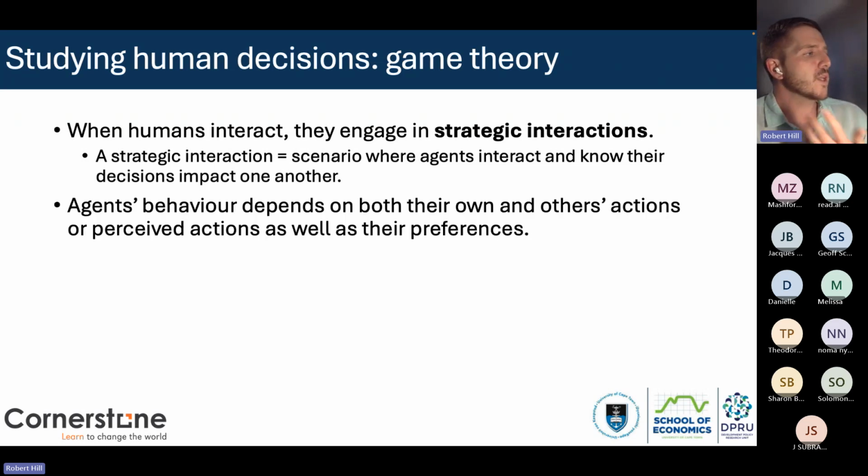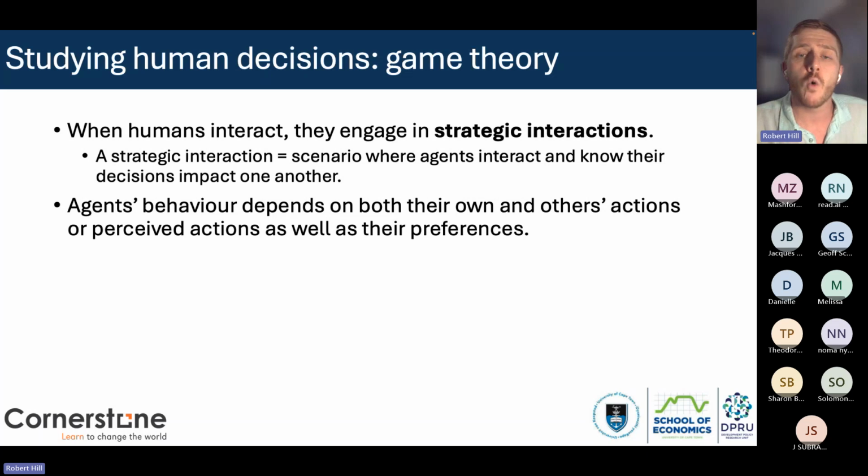So what I'm saying here is that agents' behavior ultimately depends on both their own and others' actions, or their perceived action. So if I think you're going to do this, then I will behave accordingly, as well as the preferences that I hold. So do I like living in a clean environment? Do I like having a healthy community?